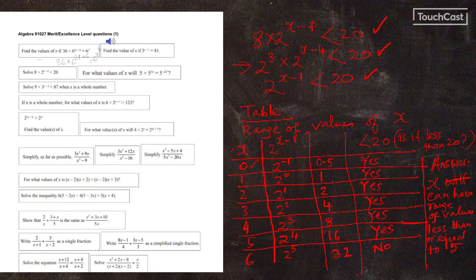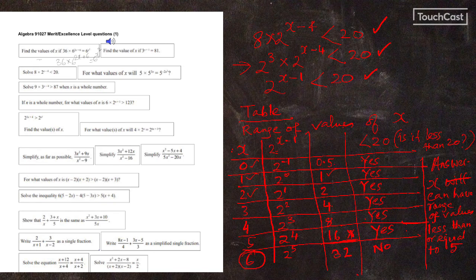I tested 0, that gives me a value of 0.5. If I try 1, that'll give you a value of 1. If I try 2, and so on. So all these values up to this are all less than 20, except the moment it goes to 6, 2 to the power 6 minus 1 is 2 to the power 5, which exceeds 16, it will be 32.